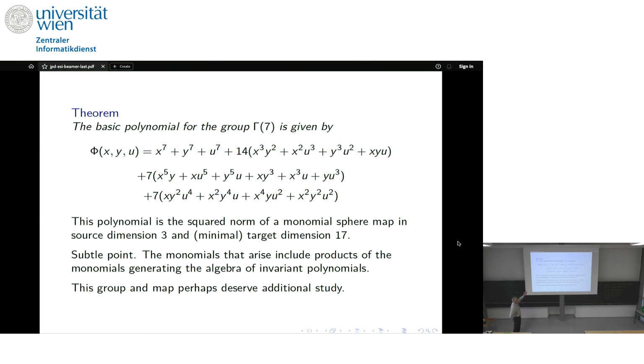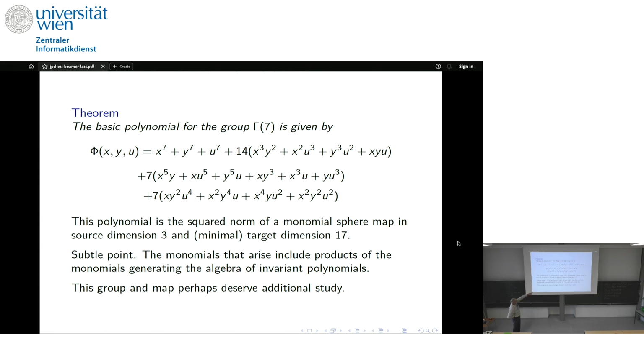I don't want to use z because z is a complex variable to me, so I use x, y, and u. But anyway, look at the first line and the second line. All the monomials that occur there, together with the constant function 1, generate the algebra. But in the third line, you get products of those terms.